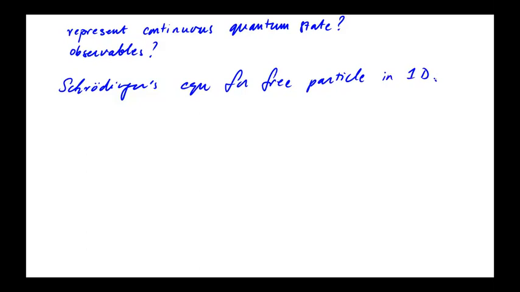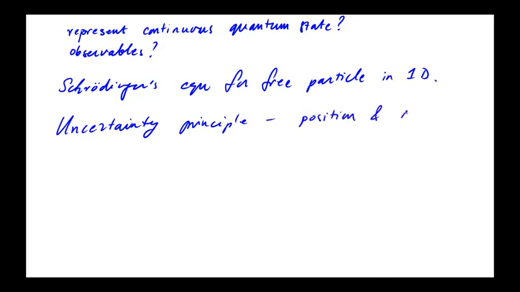And the last thing is the uncertainty principle between position and momentum. So what are the position and momentum observables, and what is the uncertainty principle for these say? These are the concrete things you might want to get out of these two lectures, but of course the lectures will have a lot more intuition in them, which is just for your benefit.